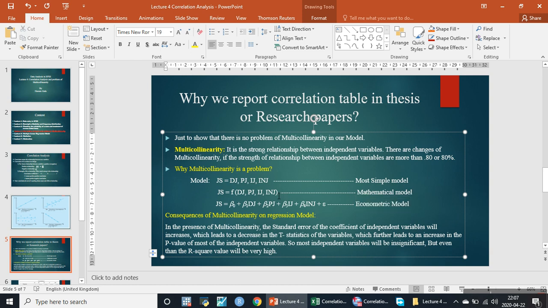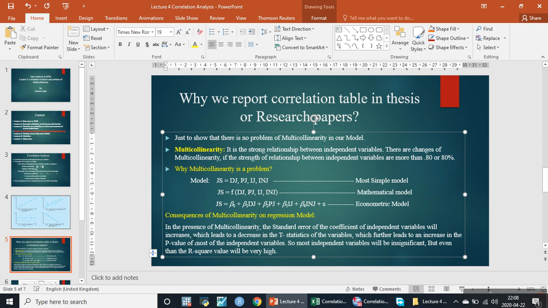When there is multicollinearity in the model, the regression results are affected. It has consequences on the regression results. What are the consequences of multicollinearity on a regression model? First, in the presence of multicollinearity, the standard error of the coefficient of the independent variable increases.